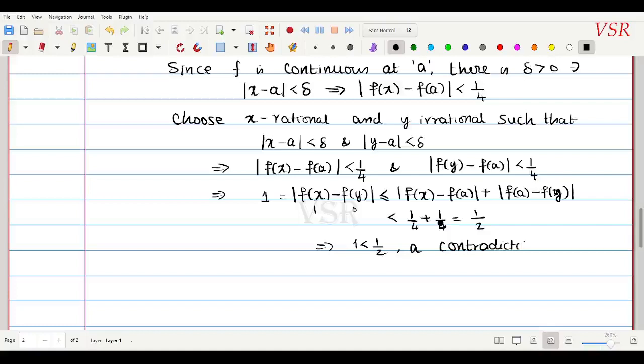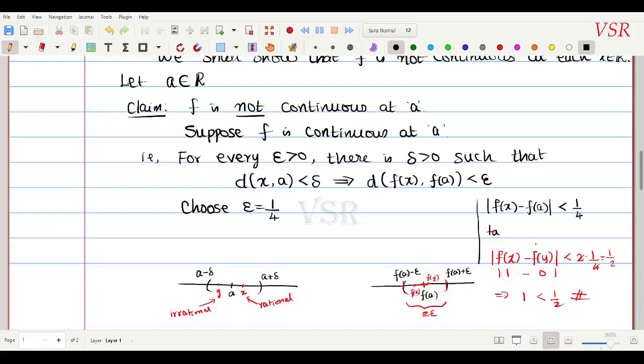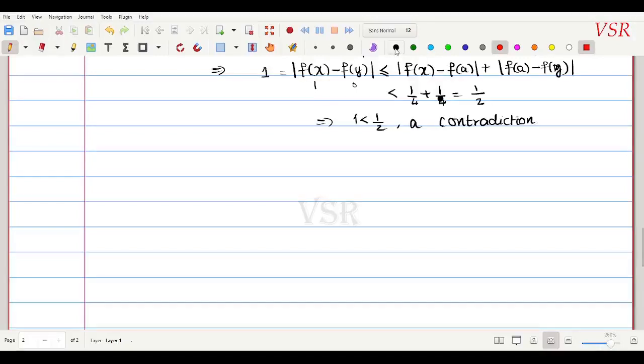Okay? A contradiction. So somewhere we have made a wrong assumption. Where did we assume wrongly? Here: we assumed that f is continuous at a, and that is wrong. Hence f is not continuous at the point a.